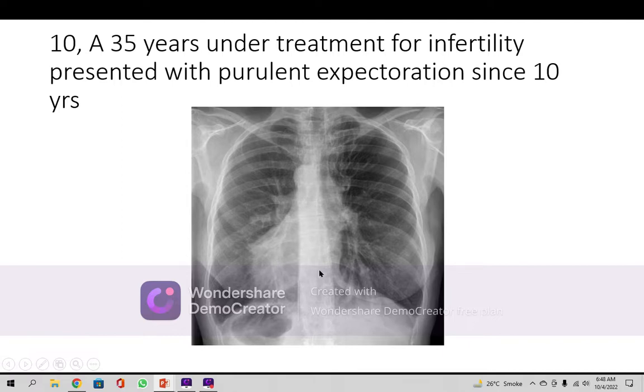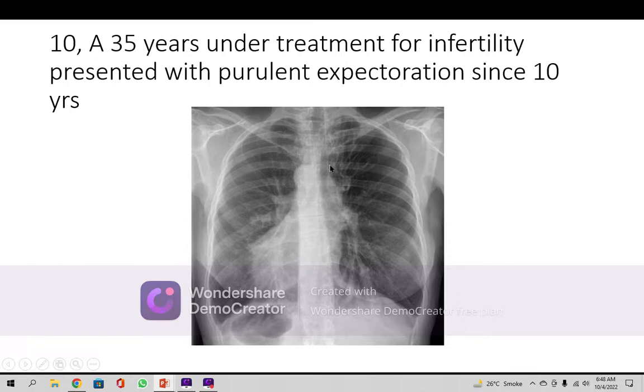The HRCT should be done, and clinical examination will show where is the apex, where is the gastric air bubble, where is the liver percussion dullness. You can do the HRCT and confirm it. You can do the electrocardiography and you can confirm it.